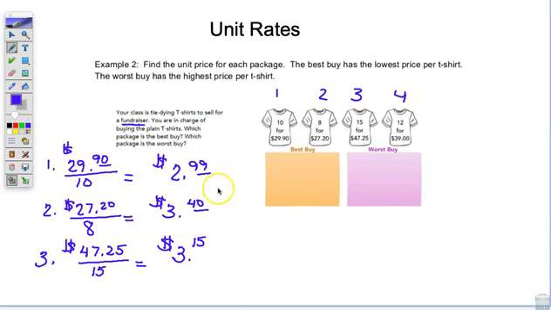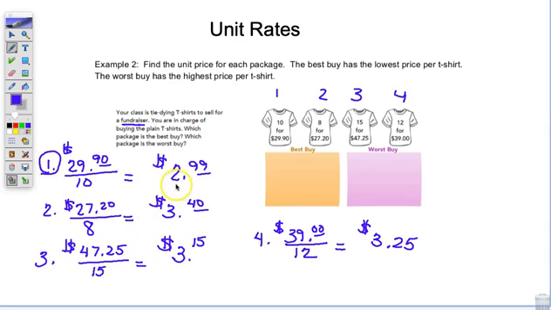So far it looks like choice number 1 is still the better buy. Let's try choice number 4. In this choice, we have $39 for the total cost, and we can get 12 t-shirts. So doing that division, I get a cost of $3.25 per t-shirt.